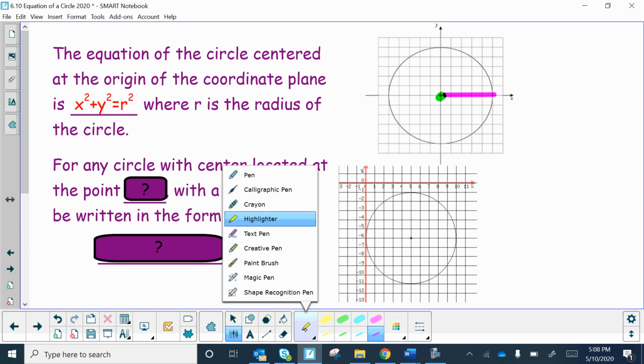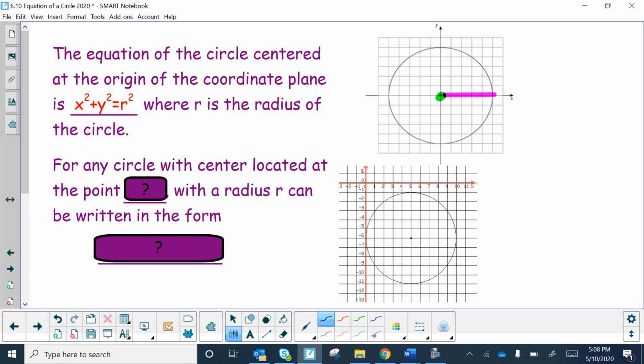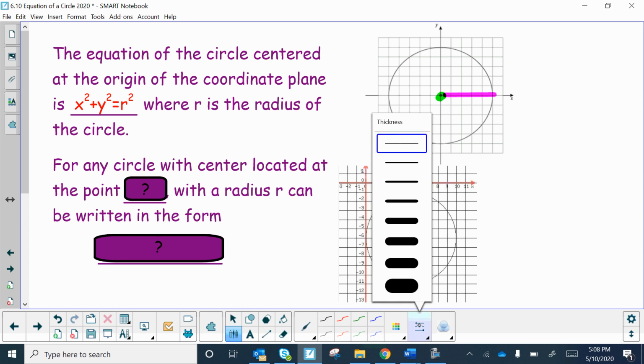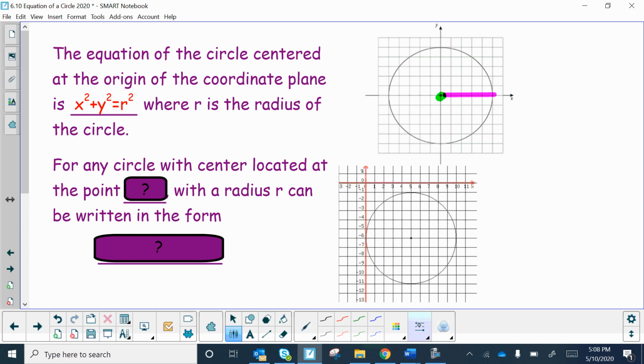The radius in this case happens to be 1, 2, 3, 4, 5. So the radius is 5. Now this should be pretty easy to write, because it's always x squared plus y squared equals r squared, and you plug in the 5 for r. You want to write it like that, and sometimes you can write it out like that as well.